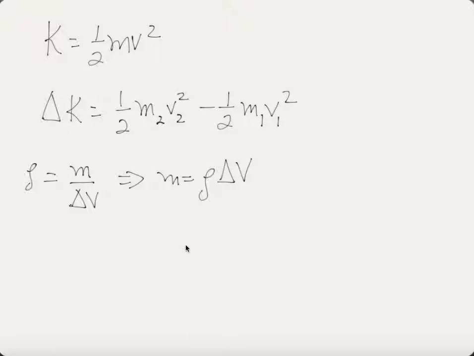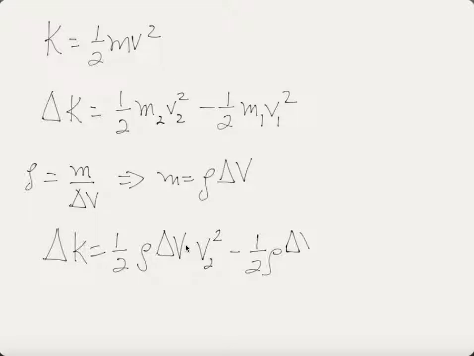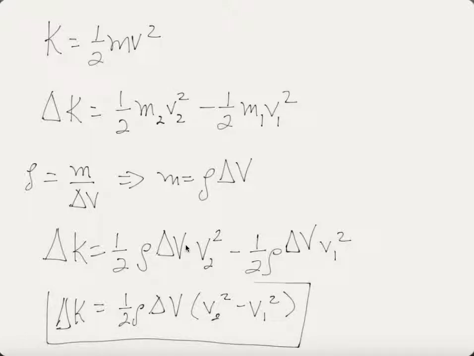The mass has to remain the same, even though I wrote M1 and M2. So delta K equals 1/2 times rho delta V. The fluid is the same, and the volume is the same according to the continuity equation. V2 squared minus 1/2 rho delta V V1 squared. So we can just pull all of that out: 1/2 rho delta V times V2 squared minus V1 squared. This is our third equation that we're going to put into our work energy formula.